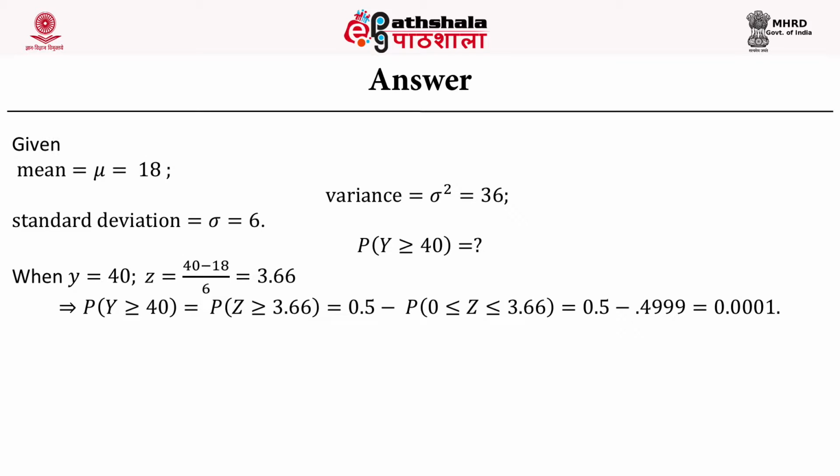So if we are interested in the probability of y greater than or equal to 40, it is similar to the probability of z greater than 3.66 after subtracting the mean and dividing by the standard deviation. From the table we can see that the probability of z lying between 0 to 3.66 is 0.4999. After subtracting this value from 0.5, we get the answer as 0.0001.